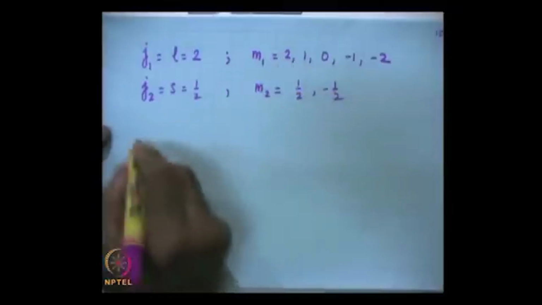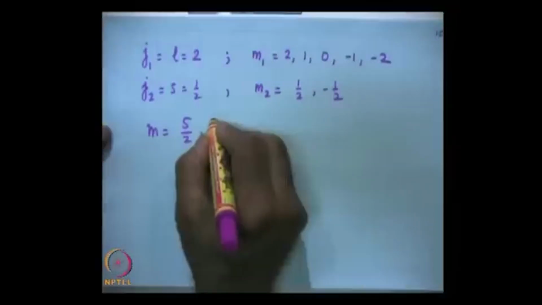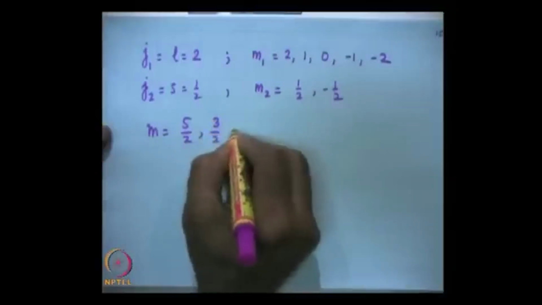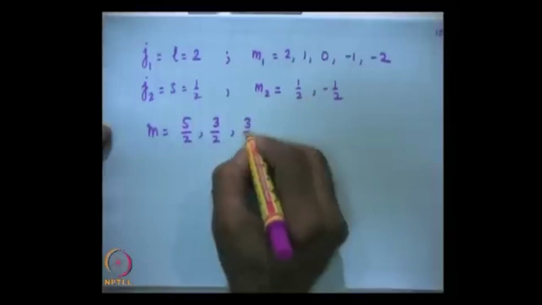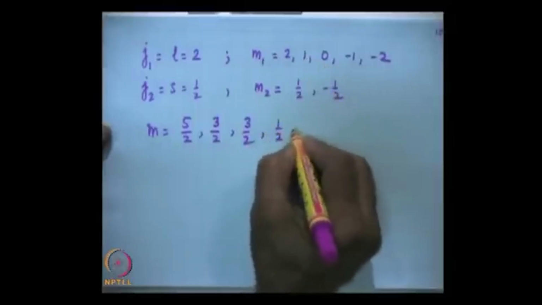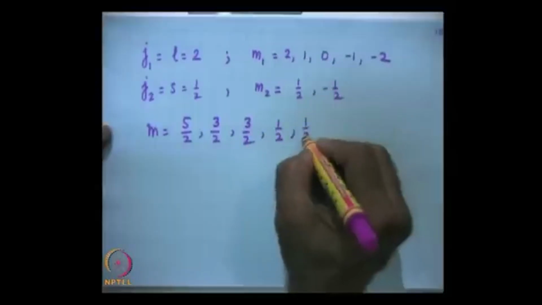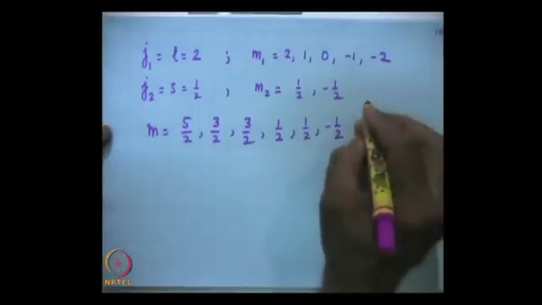So, let me write down what are the possible m values. 2 plus half is 5 by 2, 2 minus half is 3 by 2, 1 plus half is 3 by 2, 1 minus half is half, 0 plus half is half, 0 minus half is minus half. I hope I do not make any mistake now.